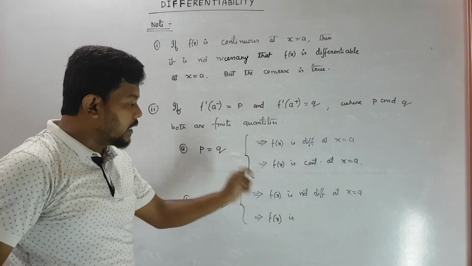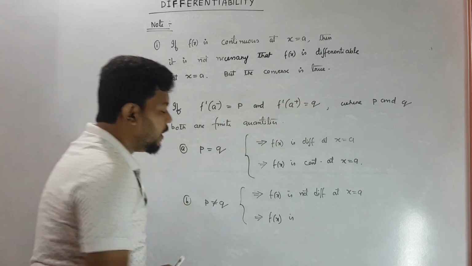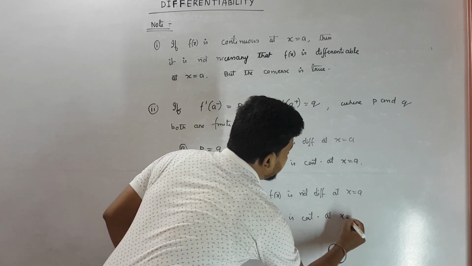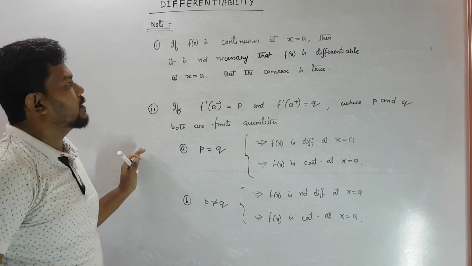But in such cases when p and q are finite quantities, f(x) is continuous at x equal to a. So, you have to remember these two cases.